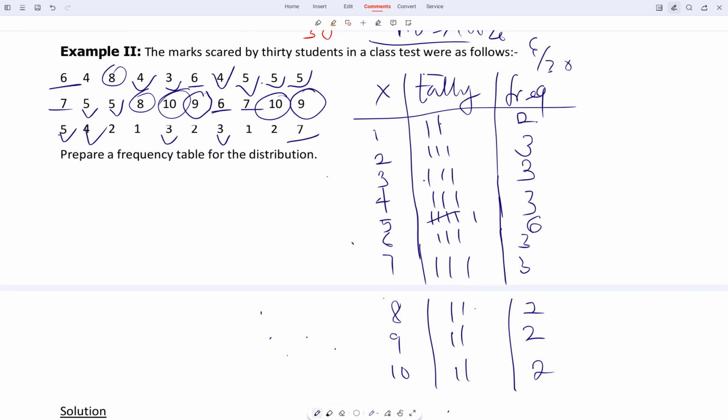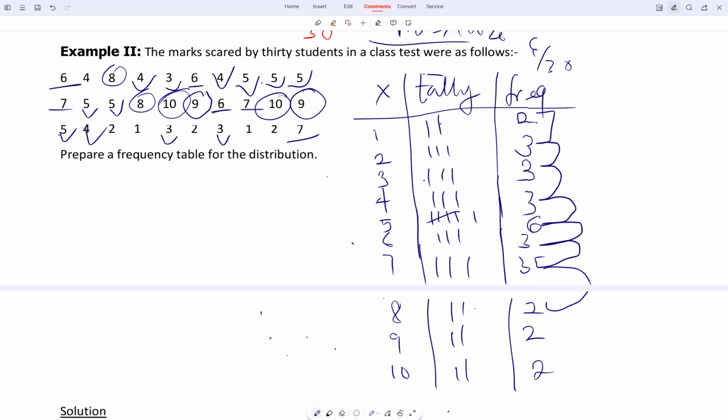Now don't forget I said when you add everything up you should get 30. So let's see. 2 plus 3, 5. 5 plus 3, 8. 8 plus 3, 11. 11 plus 6, 17. 17 plus 3, 20. 20 plus 3, 23. 23 plus 2, 25.